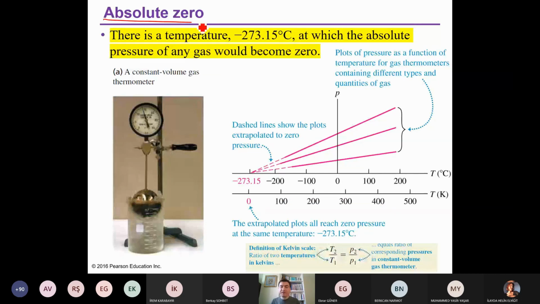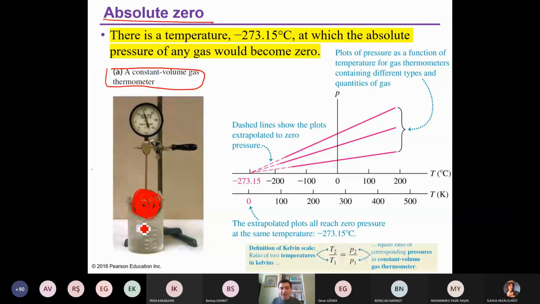Okay, this gives us information about Kelvin scale. Here you see a constant volume gas thermometer. Here we have a spherical shape. It has certain constant volume made from metal, and it contains a gas, and its volume does not change. Volume is constant.